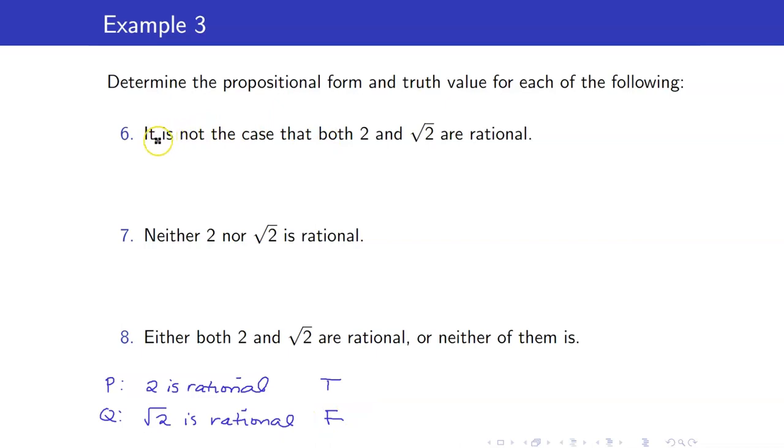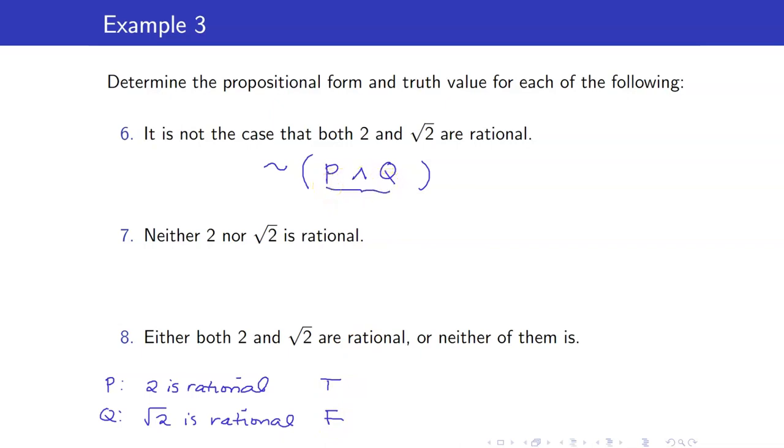So therefore, for this one, number 6, it is not the case. So that means we have negation. It is not the case that both of these are rational. So it is not the case P and Q. What is the truth value? From here, P and Q is false, correct? Because P is true, Q is false.